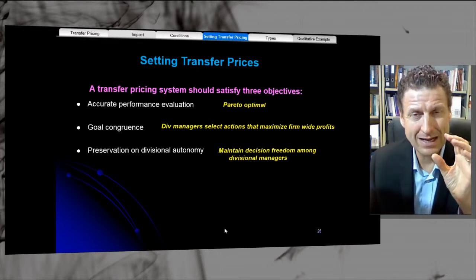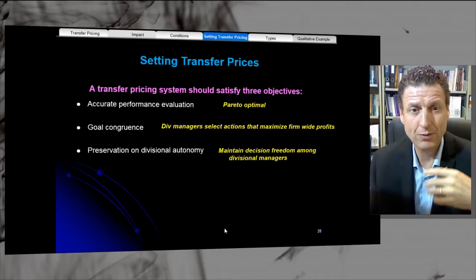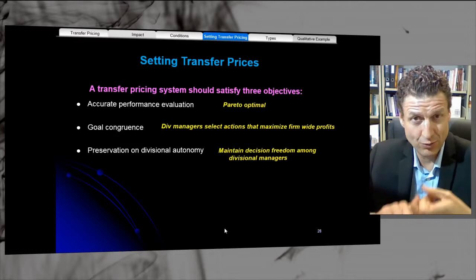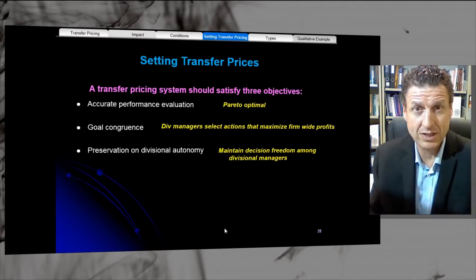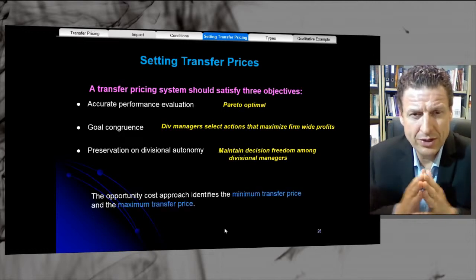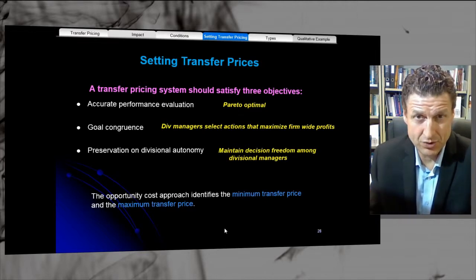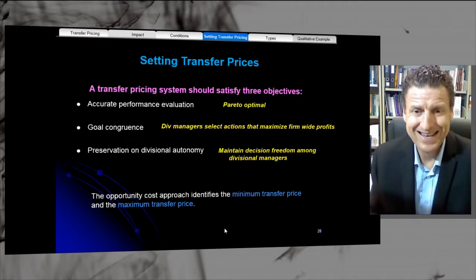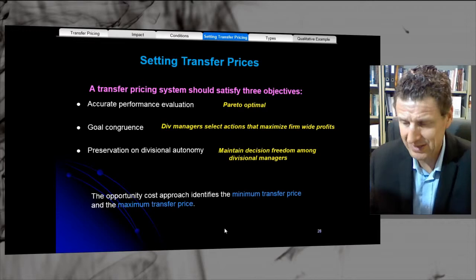So we want to try and get some accurate measure of performance valuation. We want to try and get divisions to work with each other, but at the same time, we want divisions to feel as though they have some autonomy. So we try and use an opportunity cost approach in dictating the minimum transfer price required, and that approach is to identify the minimum transfer price and the maximum transfer price.